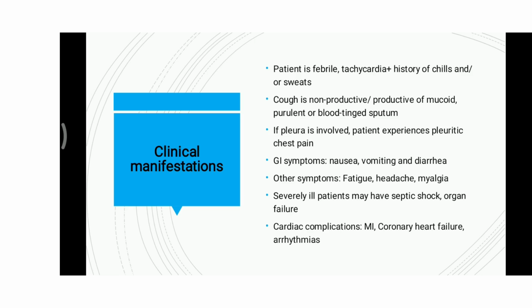In severely ill patients, they may have septic shock, and in some cases organ failure. There are also some cardiac complications which include myocardial infarction, congestive heart failure, and arrhythmias. So these are the clinical manifestations which a person can show in community acquired pneumonia.